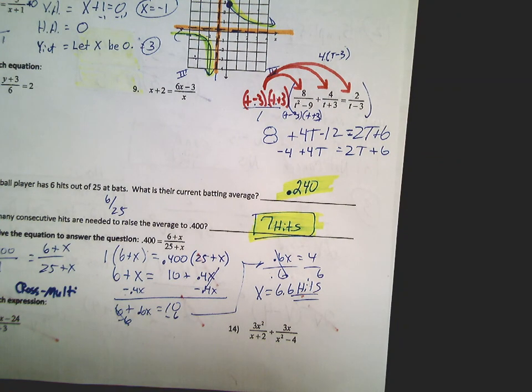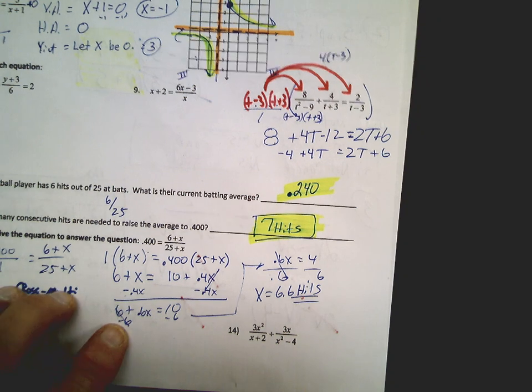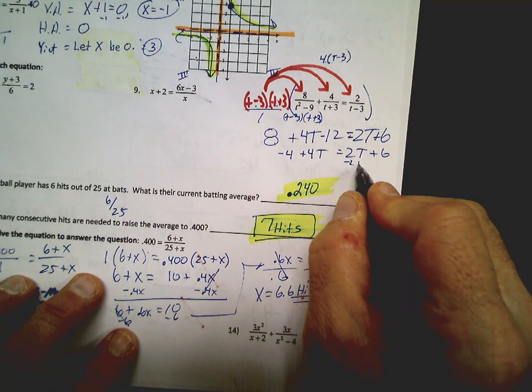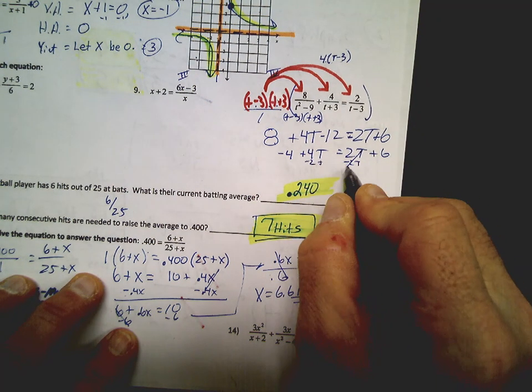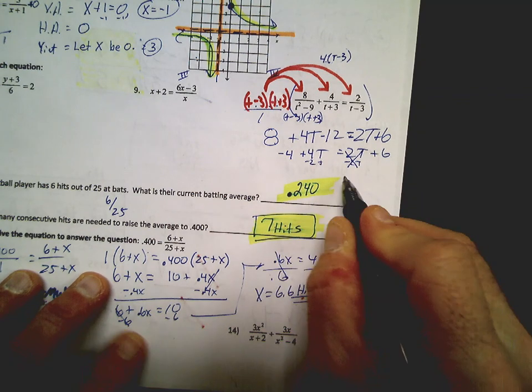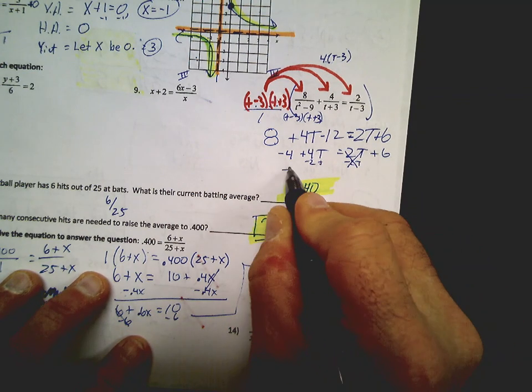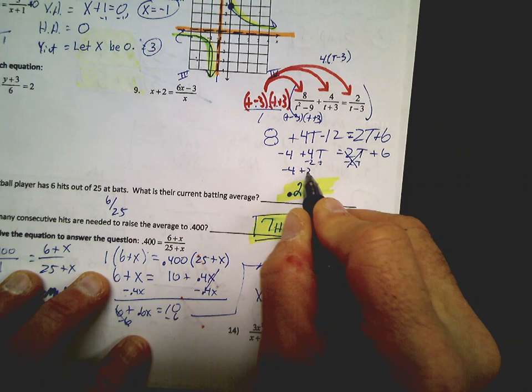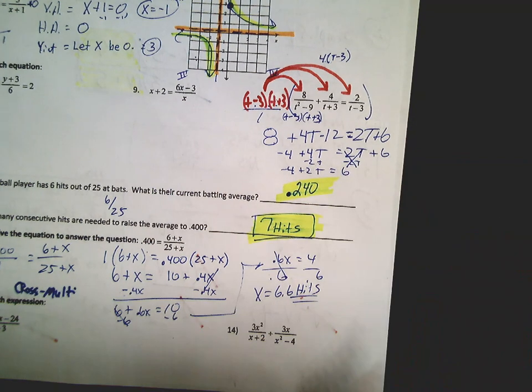Ethan Brown, what's next? So I get negative 4 plus 2t is 6. Cameron, what's next after that?